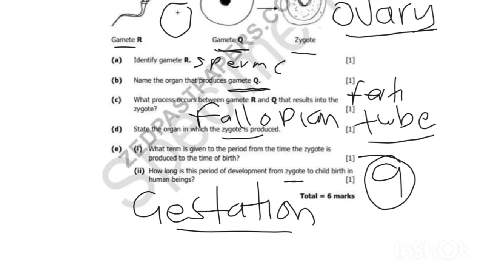So it's 9 to 10 months, which when we take it to weeks, can be 37 to 42 weeks. So this is how long it lasts.